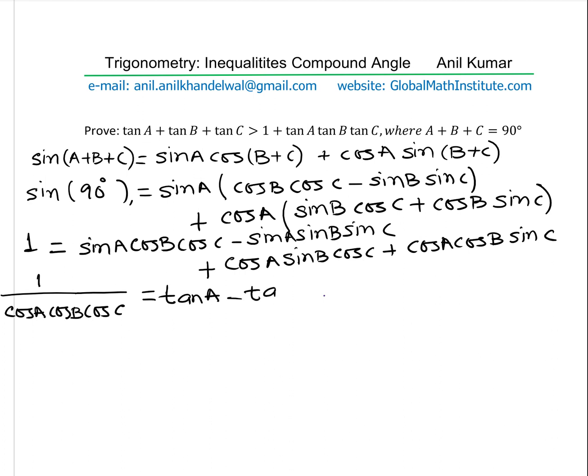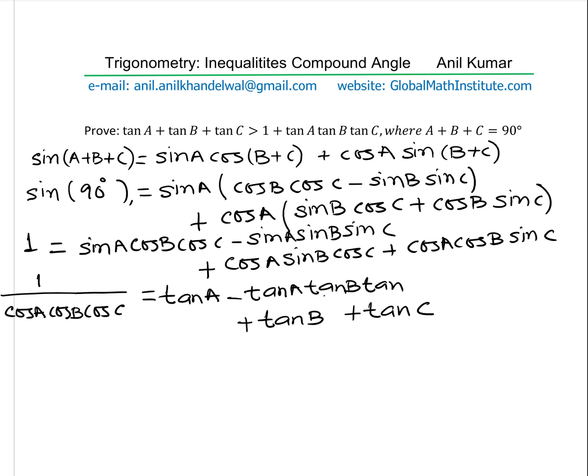We get tan A, tan B, tan C. Perfect. Now in this case, cos A and C will cancel. We get tan B. And here we'll get plus tan C. Do you see that? So we are getting terms in terms of tans on the right side and 1 over cos A, cos B, cos C on the left side.